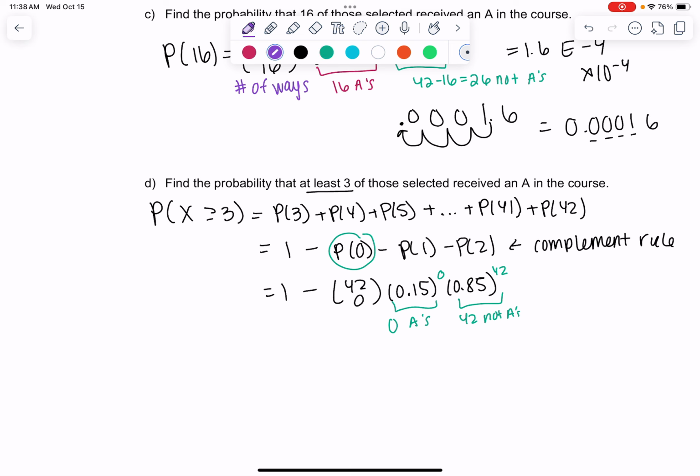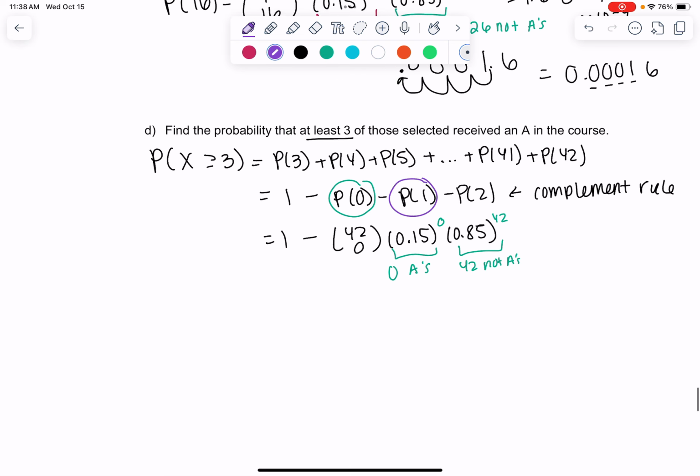All right, and then we'll keep going. So we'll do 1. I'm just going to write them each on their own line just to have a little more space. Only 1 A, so 0.15 and 0.85 stay the same. This never changes. 1 A, if one person gets an A, the rest don't get an A, so there's 41 left over. Oops, let's make the colors match.